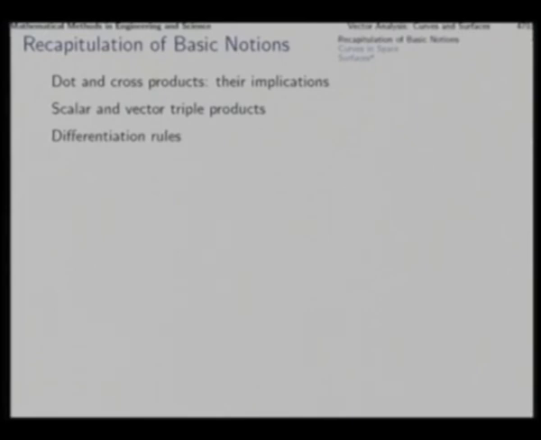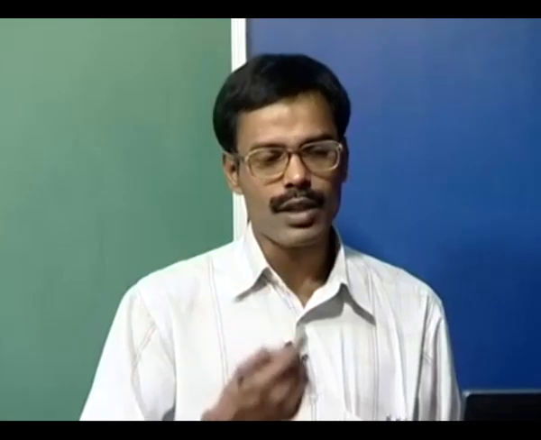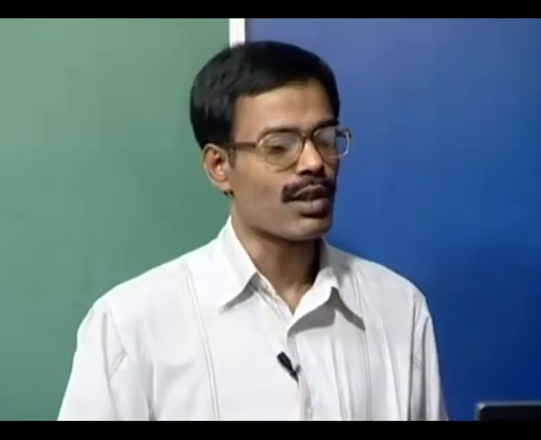A few points are special, which I would like to remind you. One is that when we try to interface the typical vector algebraic notions with the matrix algebra, then we find that the dot product in between two vectors is equivalent to A transpose x, which is the inner product in vectors as understood in the linear algebra terminology.